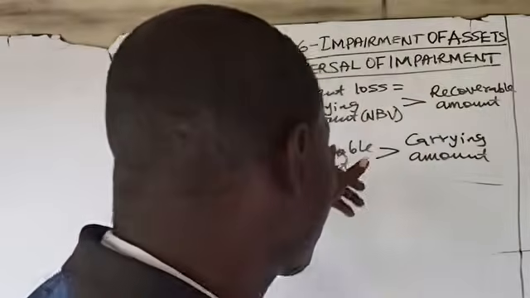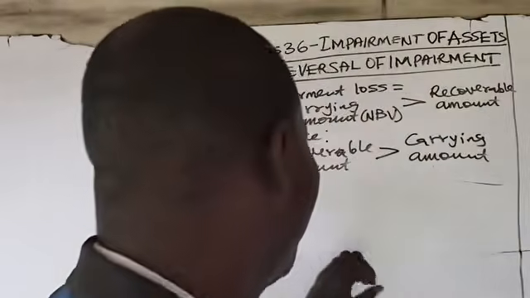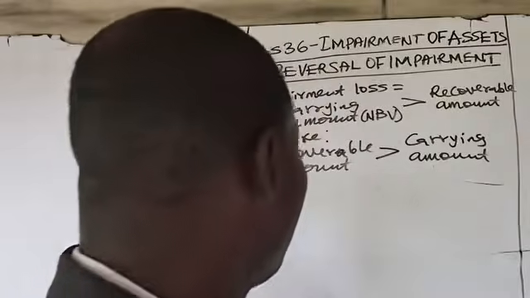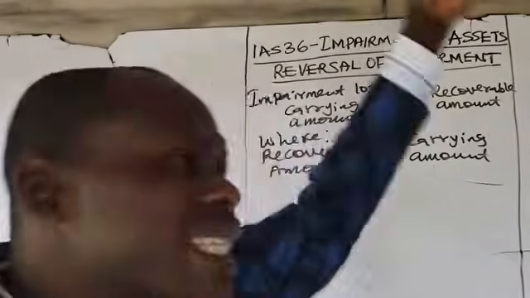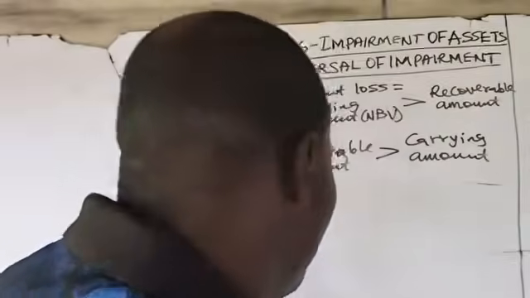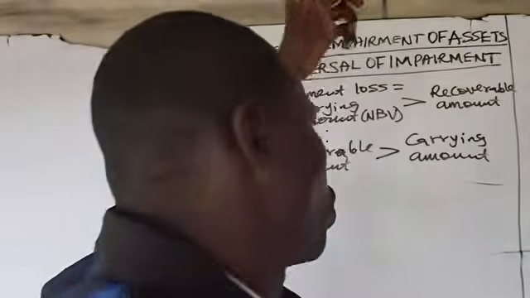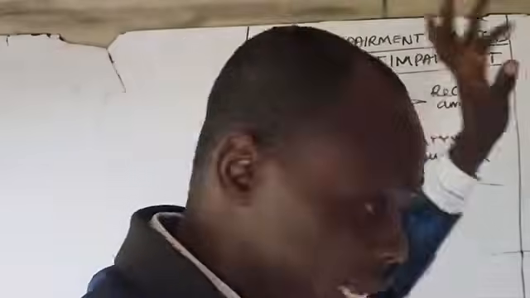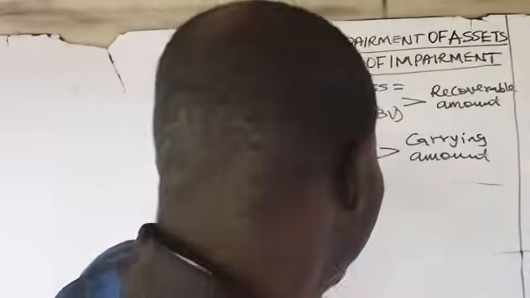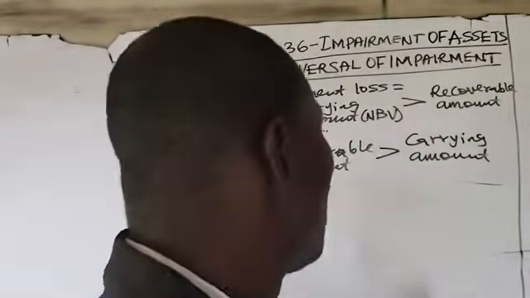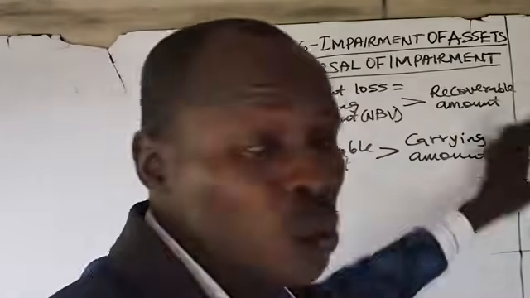Now, the recoverable amount of the asset in the future turns out to be greater than the carrying amount, so the impairment loss previously recognized will need to be reversed.